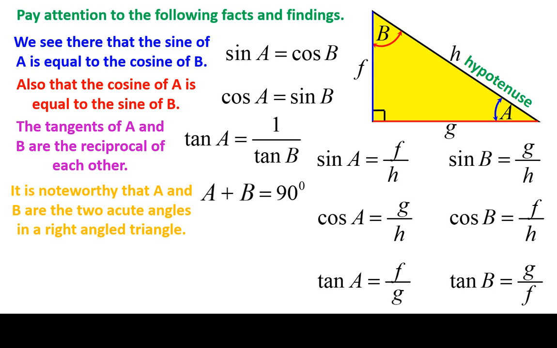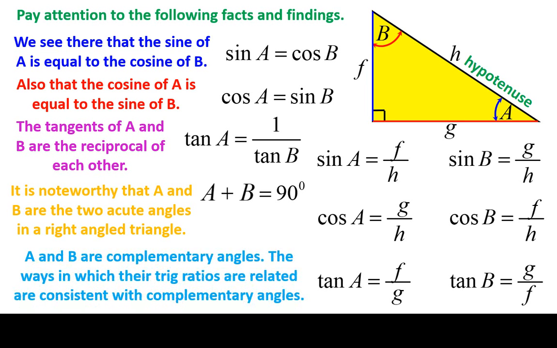As long as they have a sum of 90 degrees, then their trig ratios will be related in the following way, and they can be shown to belong to a right-angled triangle.